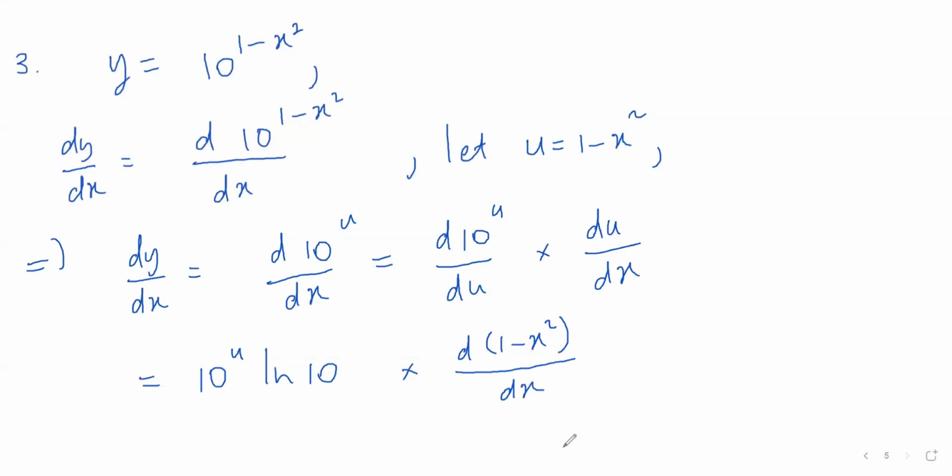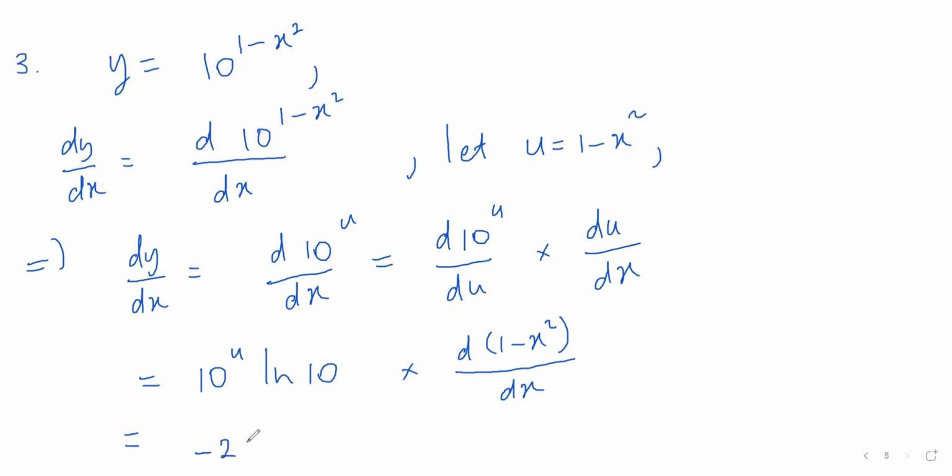Now the derivative of 1 minus x squared is equal to minus 2x, because you differentiate the 1 and you get 0, minus the derivative of x squared with respect to x, which gives you 2x. So your answer is minus 2x. So in this case, the final answer then is the following.